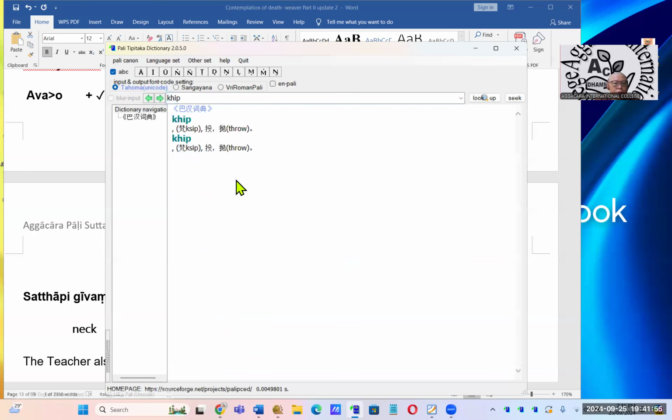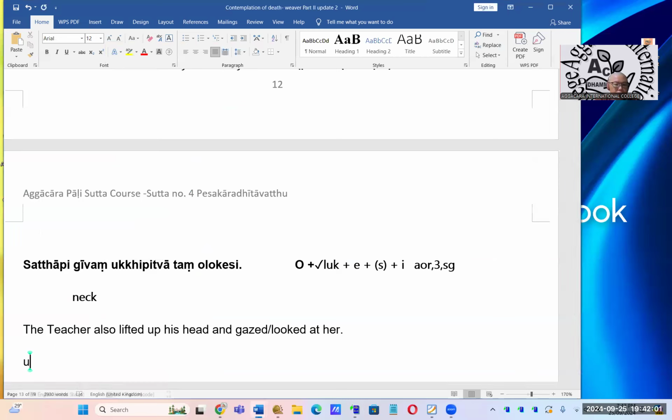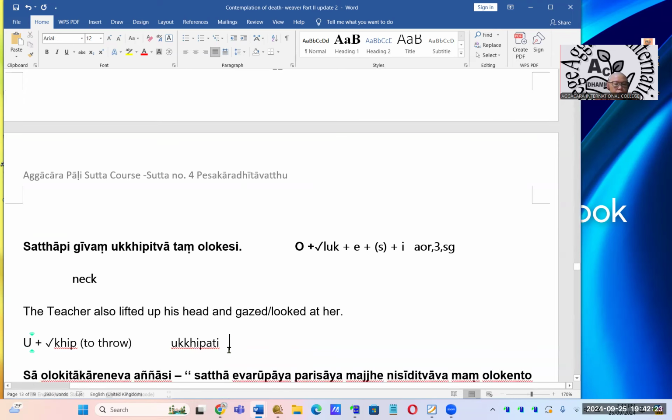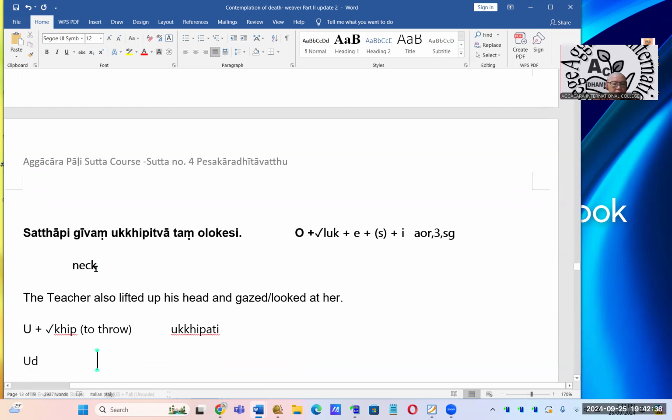Now, okay, the root is keep, to throw, right? So ut plus keep, to throw. So ukipati is a present tense. So here it will be ukipitwa with the tua here. So ut means up, okay? So to throw up is the direct translation, meaning to lift up. Now giva is a neck. So lift out the neck. Here will be head. Tam, her, alright? Olokesi, looked at her. So the teacher also lifted the head and looked at her.